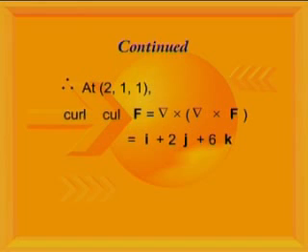If we want to find the value of this at the point, say (2, 1, 1), the value will be this vector, which is i plus 2j plus 6k. Please do the detail of the calculation yourself.